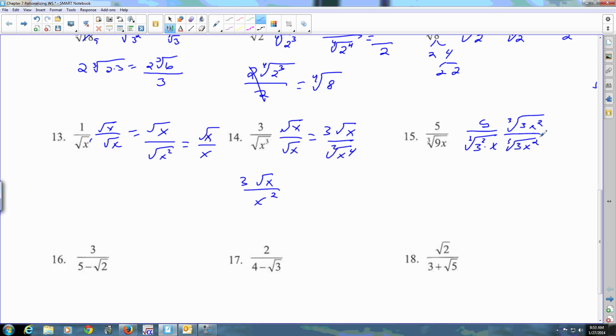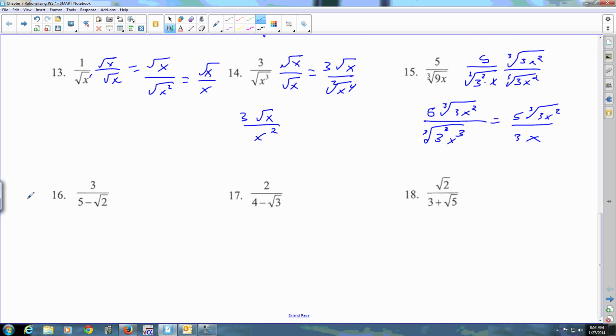So when you multiply that through, the top just follows through. 5 cube roots, 3x squared. The bottom, that becomes 3 cubed, x cubed. You're in a cube root, so the top 5 cube roots of 3x squared over 3x. Okay?